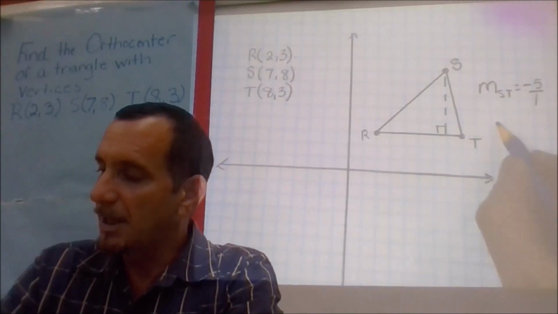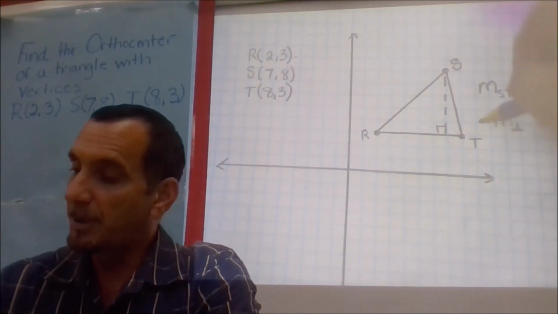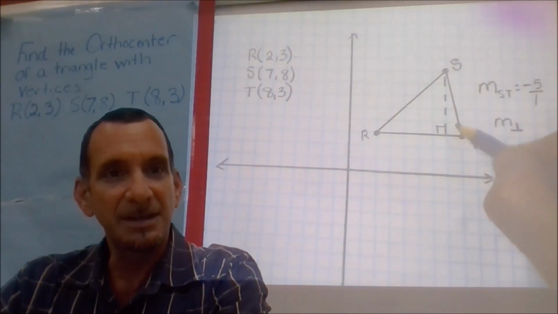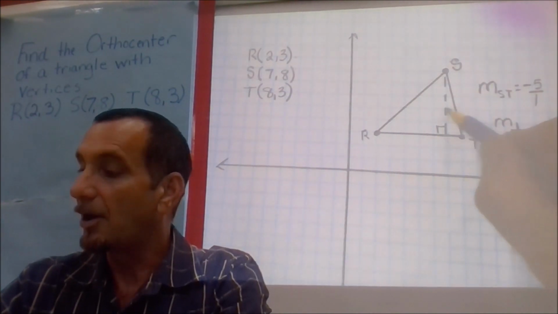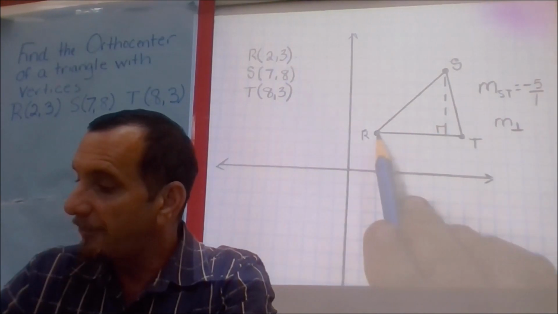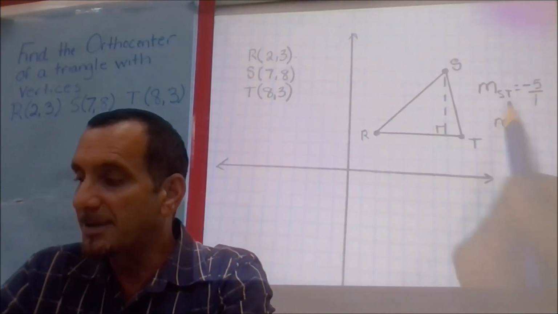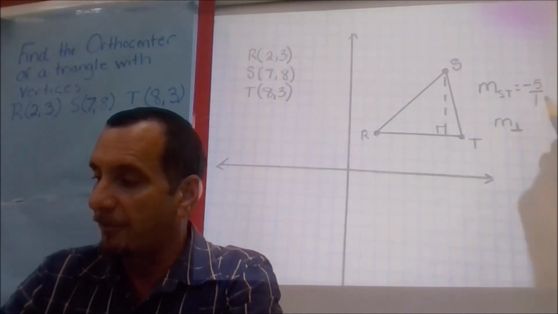So what is the slope of a perpendicular line to ST? Because if we have ST, the vertex that is opposite ST is R. So if that altitude is perpendicular to ST, we need the slope of the perpendicular segment to negative 5 over 1.